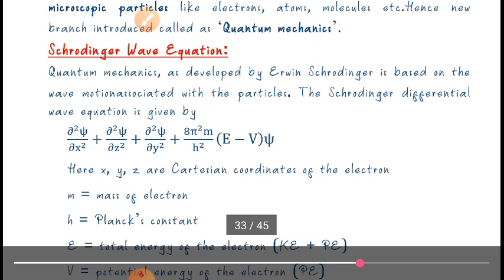Thus, this model describes the electron as a three dimensional wave in the electric field of the positively charged nucleus.